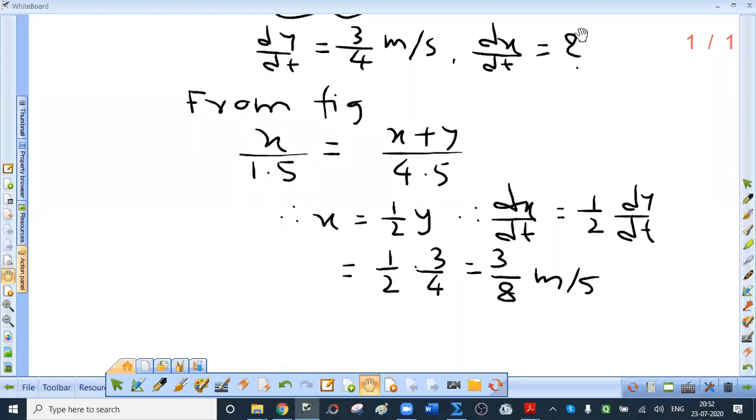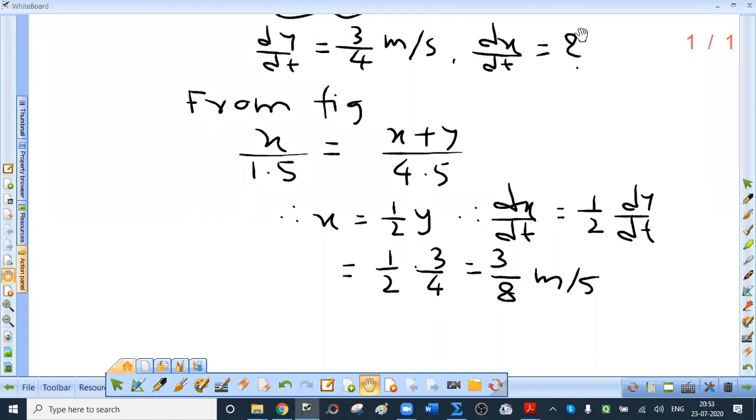Now, write down. B is the tip of the shadow, and it is at a distance of x plus y from the post.